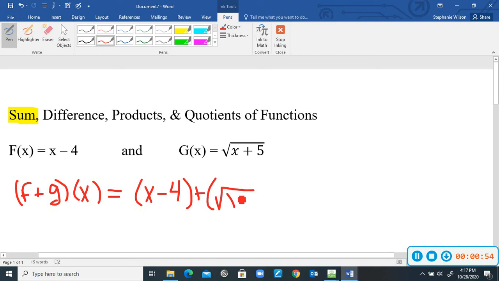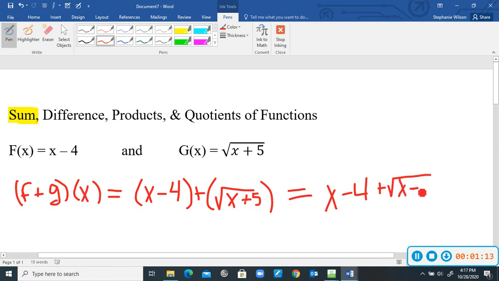And what I notice is that whenever I'm adding these two together, they don't have like terms. So my answer is literally going to be X minus 4 plus the square root of X plus 5. And that would be my answer.